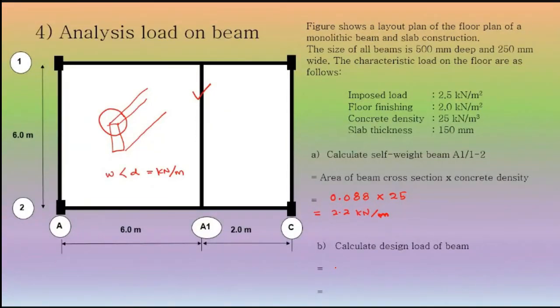Design load of beam equals 1.35 Gk, referring to the self weight of beam. Gk is 2.2. So what do we get here? We get 2.97 kilonewton per meter. Is that right? Did everyone get it? Right. Okay.